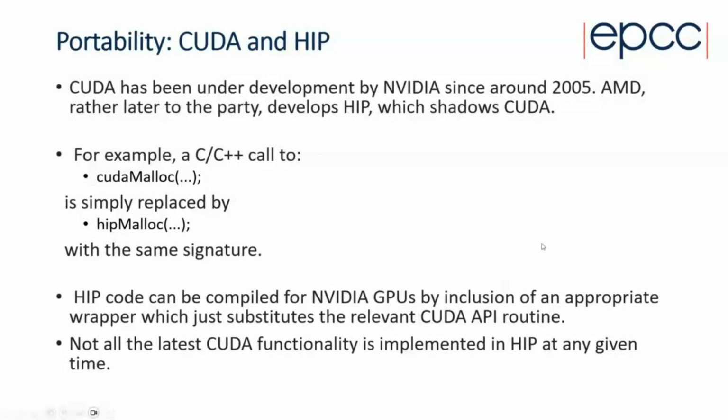So you may find that if you're using the latest and greatest CUDA version and you're trying to convert this to HIP, you're probably going to be missing some function calls which don't exist in the HIP standard at the moment.